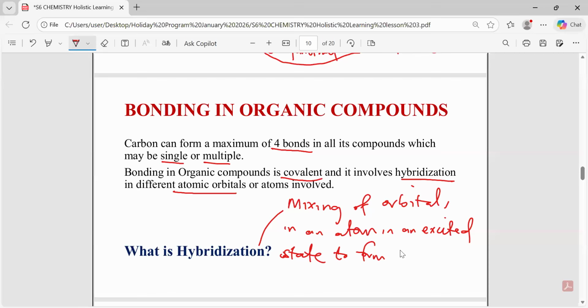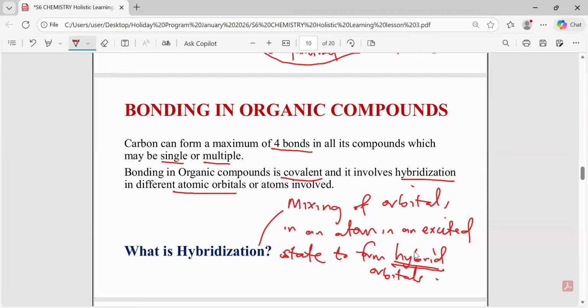Use those simple ones. Hybrid orbitals. Ruth, you want us to run away with degenerate? Okay, so to form hybrid orbitals. What do you know about hybrid orbitals? They are orbitals of the same energy. Okay, basically. I like that.